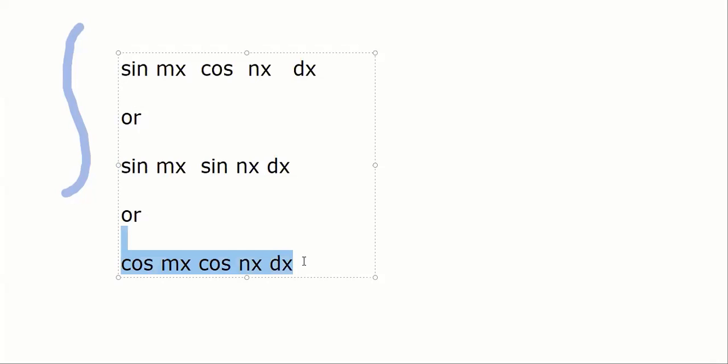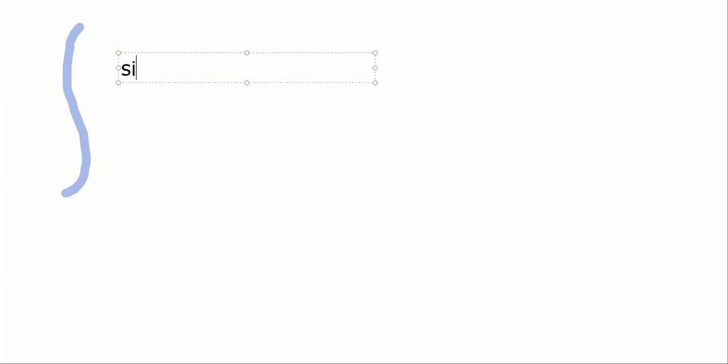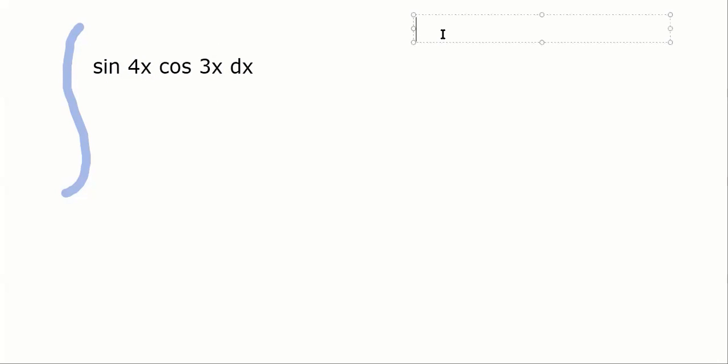I'll give you an example of this form. For example, if my question is integrate sin 4x cos 3x dx. Yes, you can integrate it by using the UV formula, but we are going to do it a little more easily. Everybody knows the formulas of sin (a plus b), sin (a minus b), cos (a plus b), cos (a minus b), right?